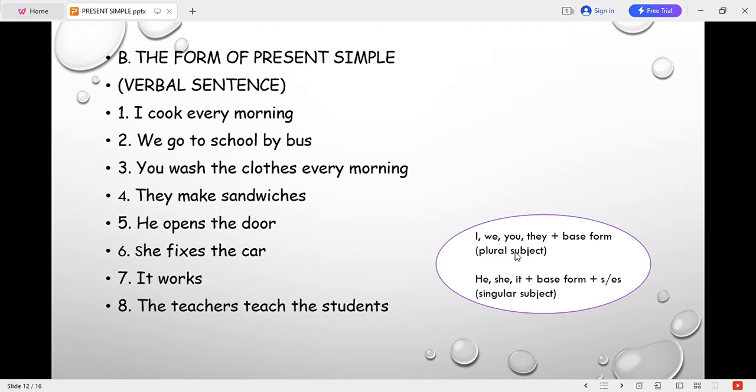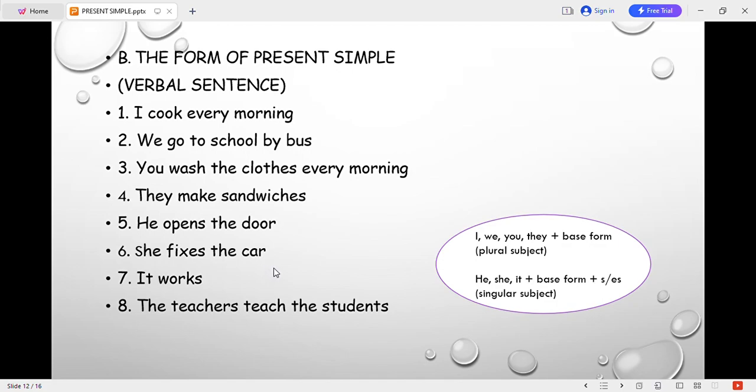Because I, we, you, they, and any other plural subject, the teachers, the students, plus base form. That's the pattern of present simple.